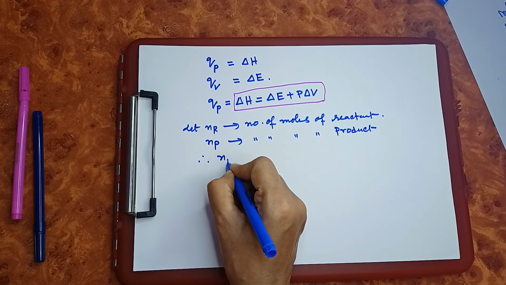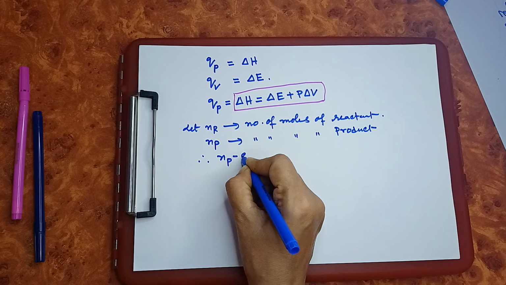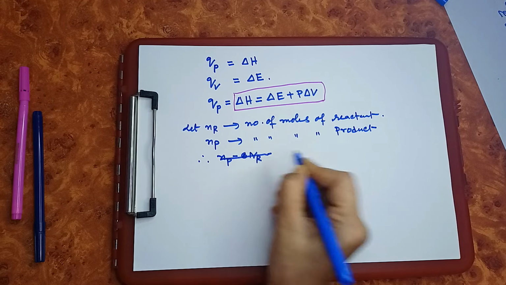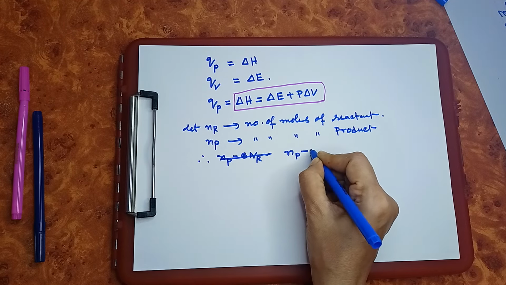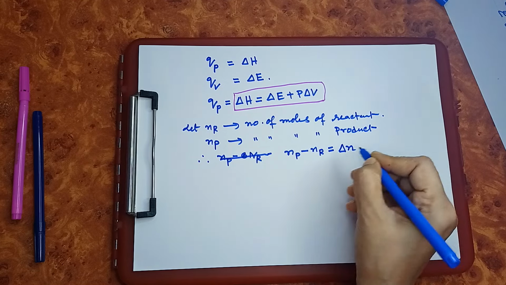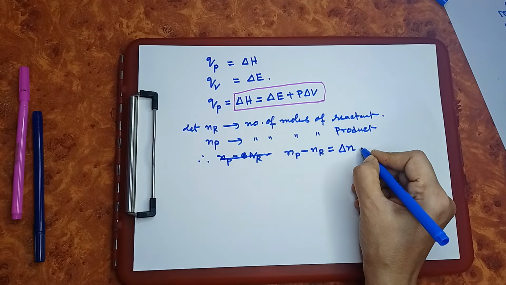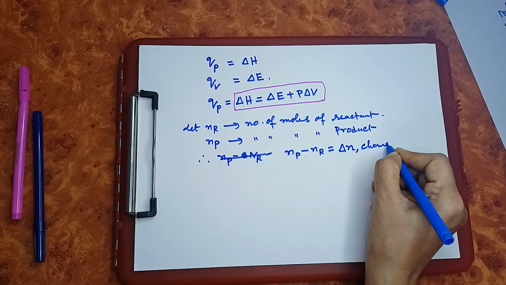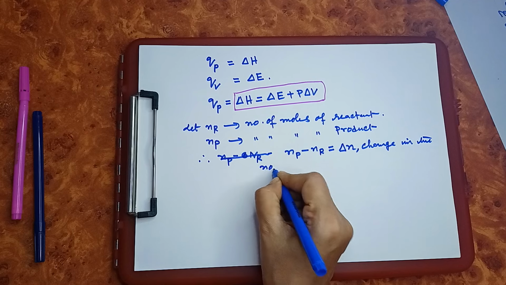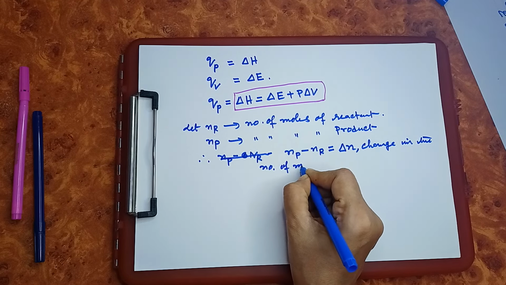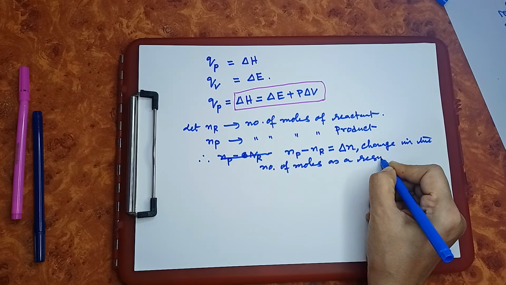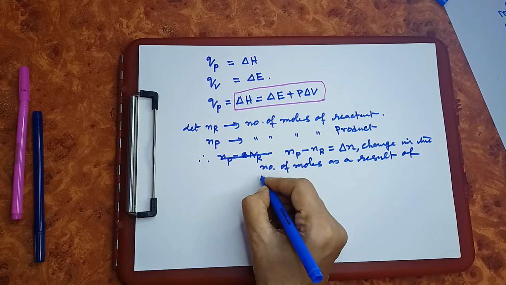Therefore Np minus Nr is equal to delta N, that is the change in the number of moles as a result of reaction.